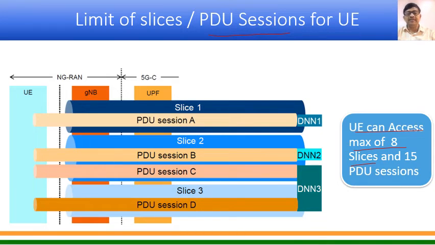And the user can access a maximum of 15 PDU sessions simultaneously. These PDU sessions may be across different slices. In this picture, in slice 1 there is one PDU session, in slice 2 there are two PDU sessions, for one user I am talking about. So that is limited to a total of 15 PDU sessions for a UE's simultaneous access.